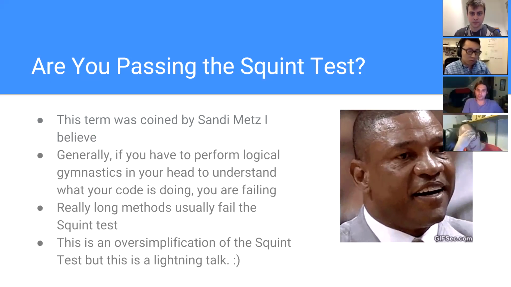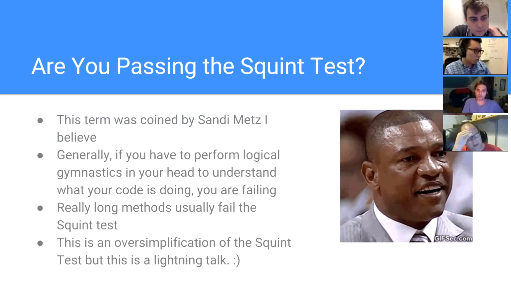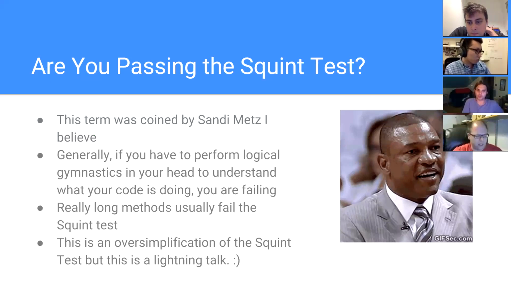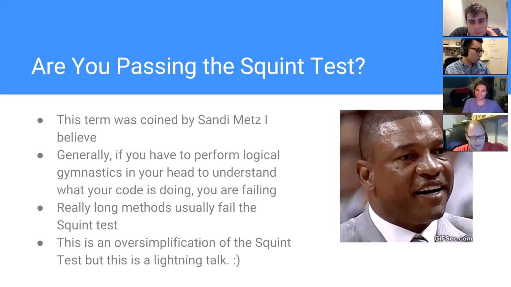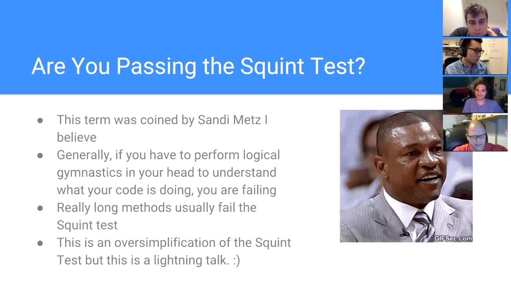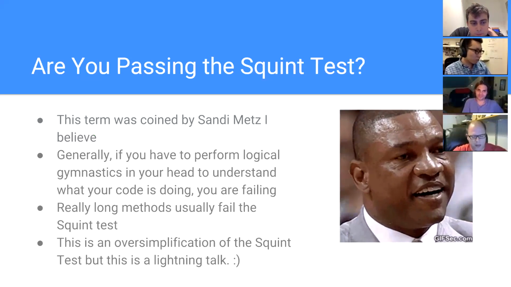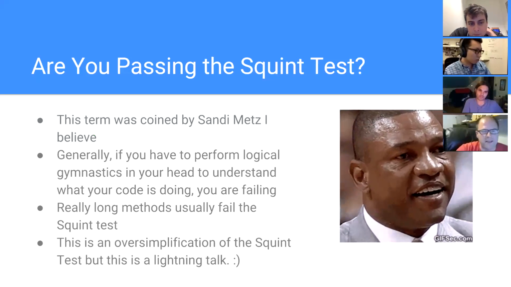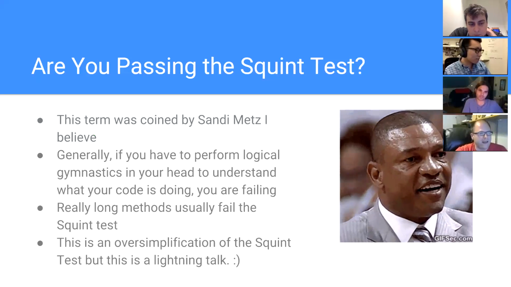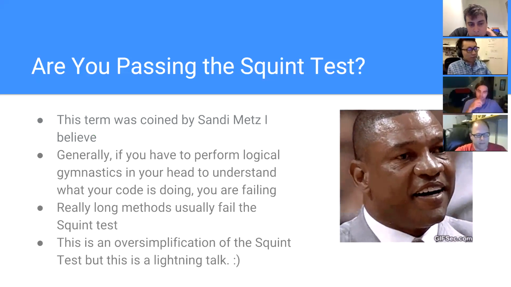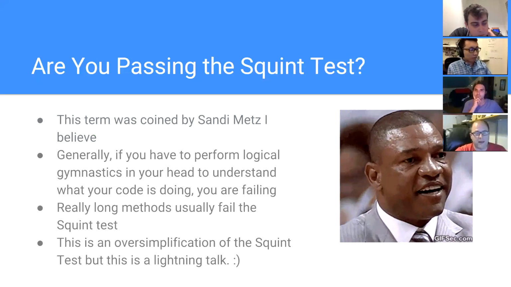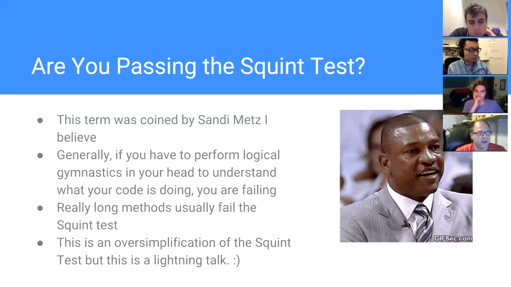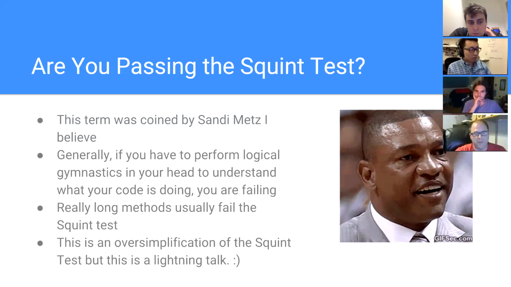Sandi Metz talked about something called the squint test, which is like when you look at code, like a method or class, and it's not clear right away what's happening, or maybe it's just too long, then that code is failing the squint test. I'm pretty severe. To me, if I have to spend more than 7 seconds figuring out what something does, I'm pretty unhappy about it.